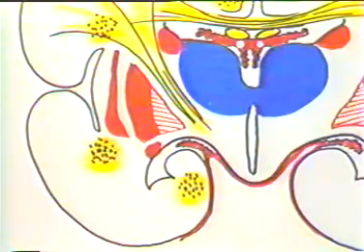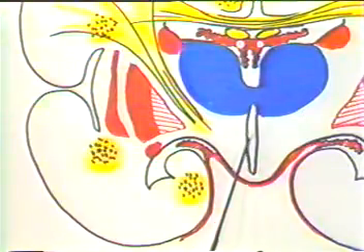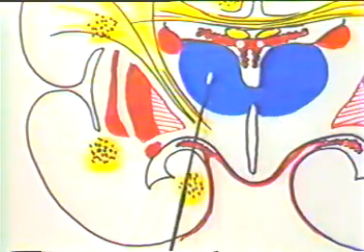By the way, this part here is also part of the third ventricle. As you can see here, the two thalamic nuclei are often connected with each other by some tissue in the midline that we refer to as the massa intermedia.